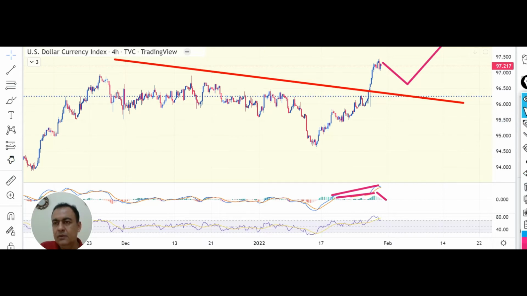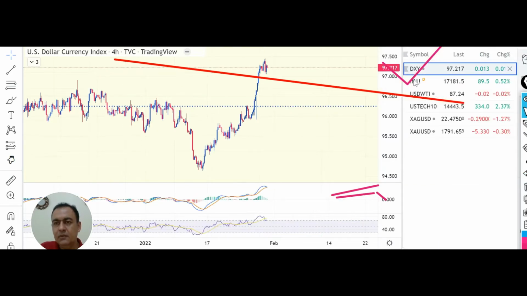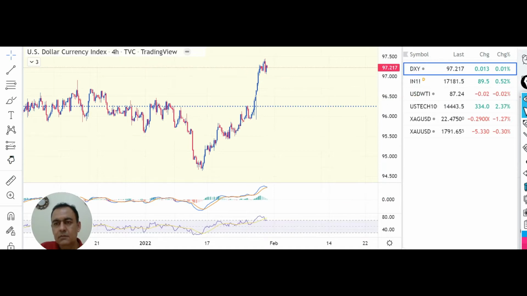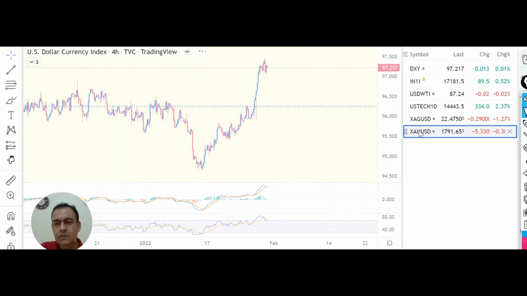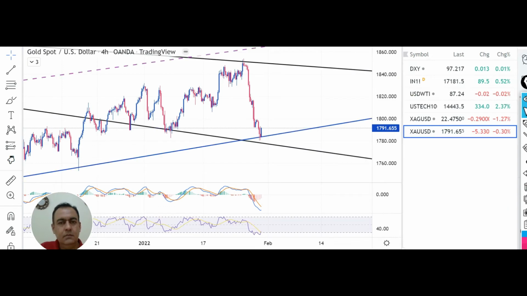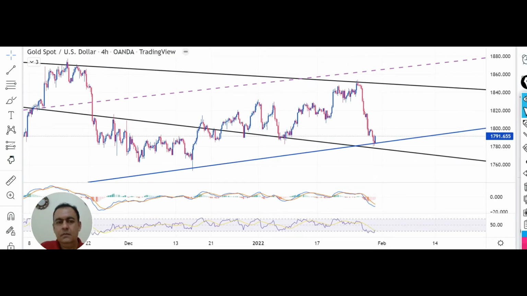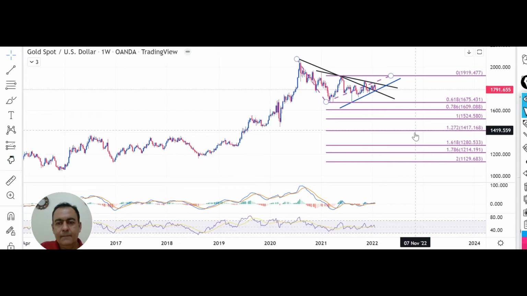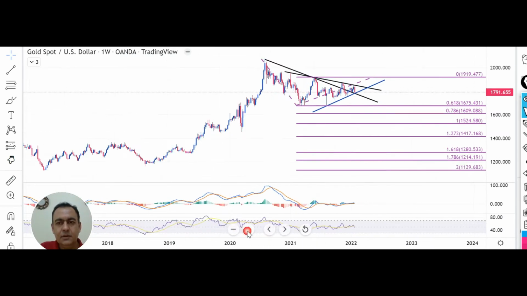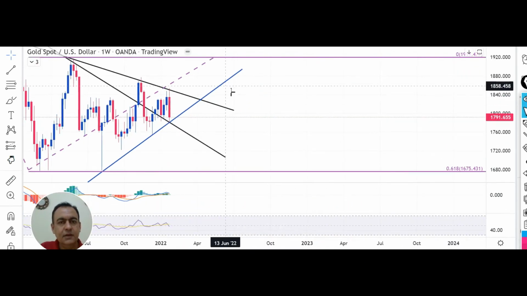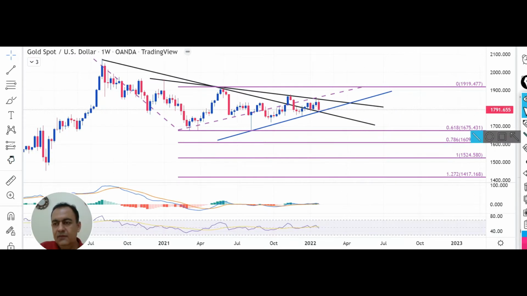Let's switch on to the next one, which is gold. This is the weekly chart of XAU USD, and we have two falling trend lines. This is the top, and if I join this one, then I get trend line number 1.